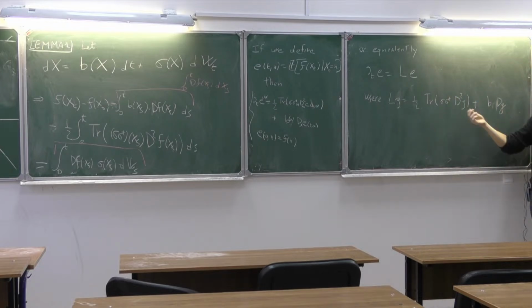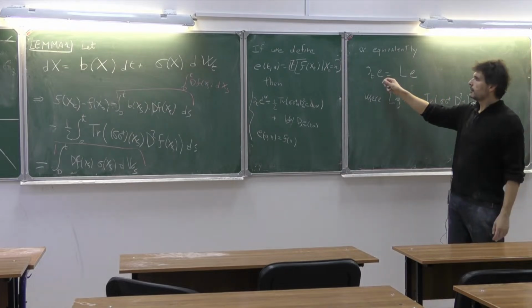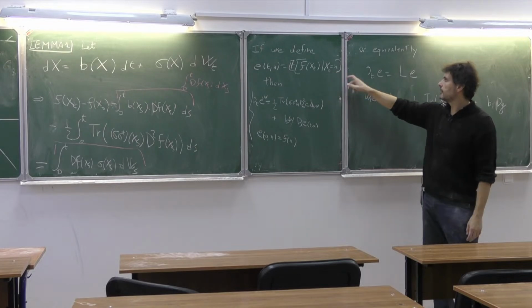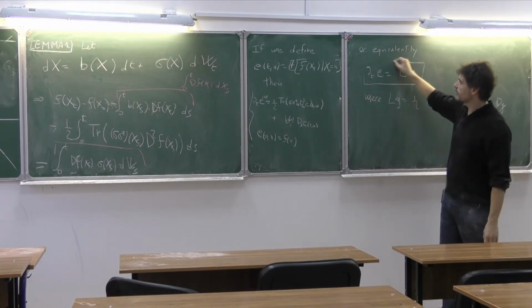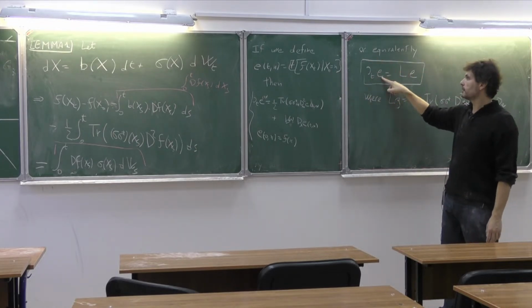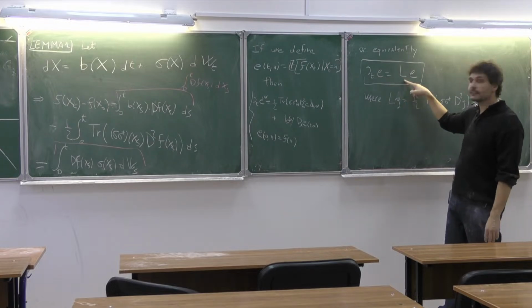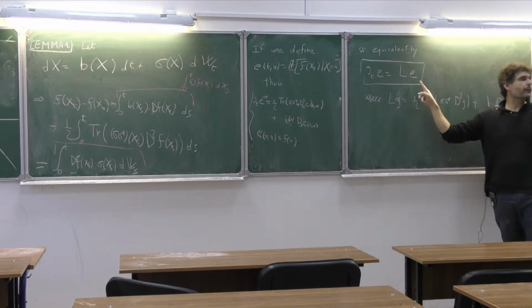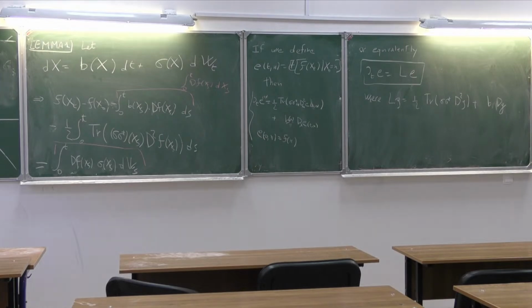This function is a function in C2, it's fine. Then this guy solves this equation: the derivative in time is this linear operator applied to E. You should look at this equation as an infinite dimensional version of the exponential of a matrix.